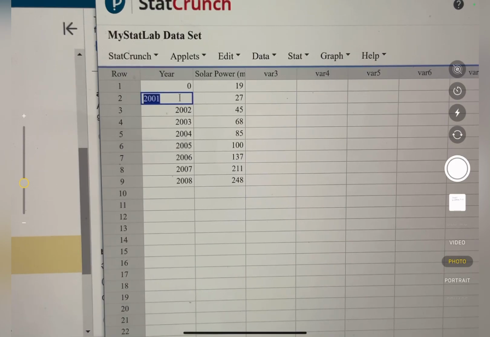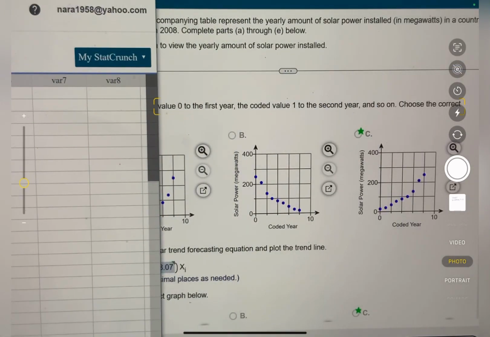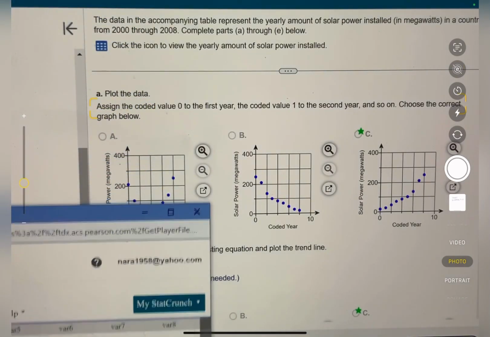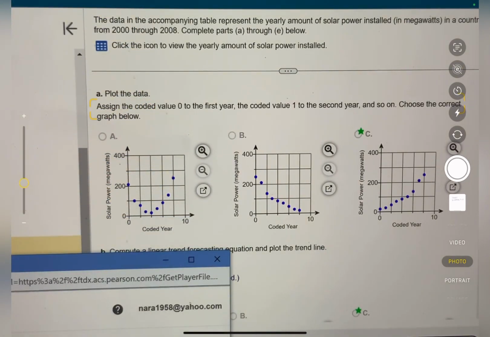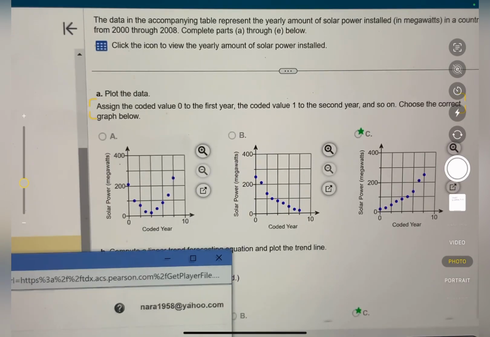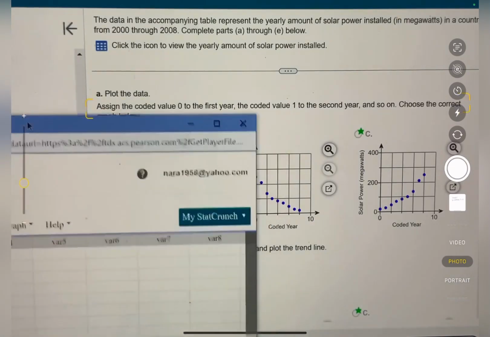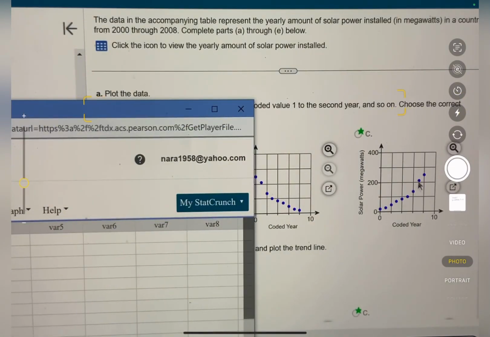Zero, 1, 2, 3, 4, 5, 6, 7, 8. Okay, so we need to plot here, assign the coded value 0 for the year. Yeah, we assign from 0 and choose the correct graph below. So okay, we are going to get something like this, exponential somewhat, or linear, we'll see it by trend.